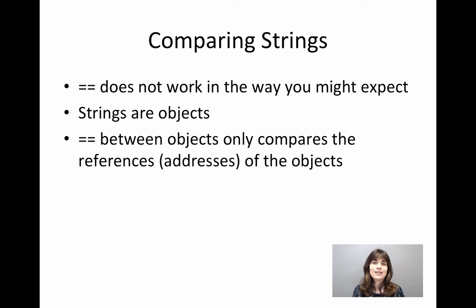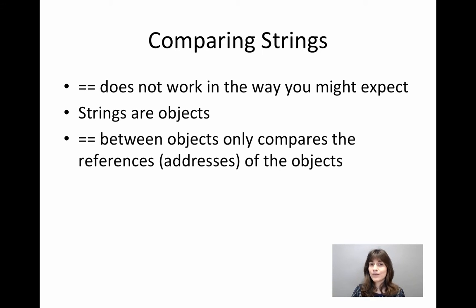When we use equals equals, what we are actually comparing, when we have references, is the memory addresses of the objects. If x points to one object and y points to a different object, what does that really mean? Remember the discussion we had on references. The x will actually have a value inside it, which will be the memory address where the object is stored.